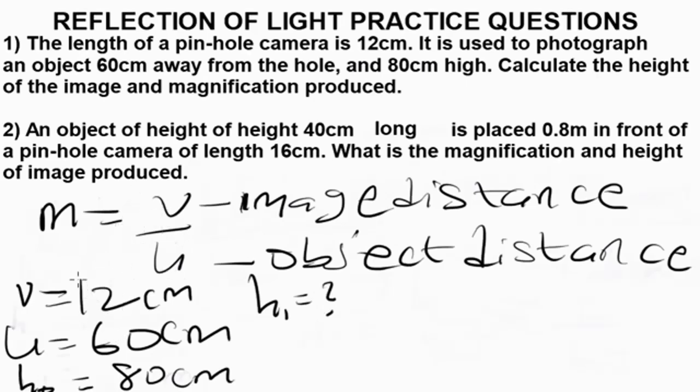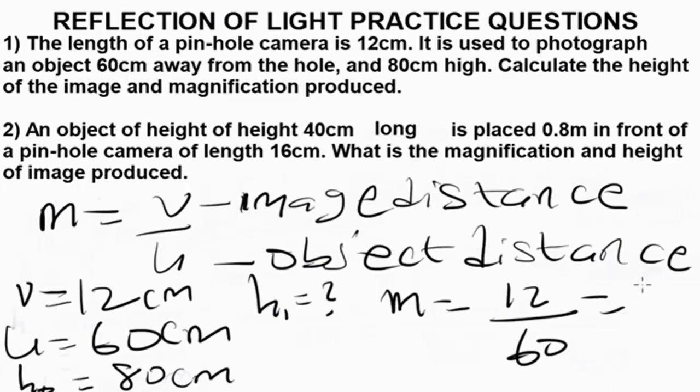Okay, so let's get the magnification first. To do that, just substitute the values for V and U respectively. So magnification M equals V, which is 12, over 60. When we divide 12 by 60, we're going to have 0.2.